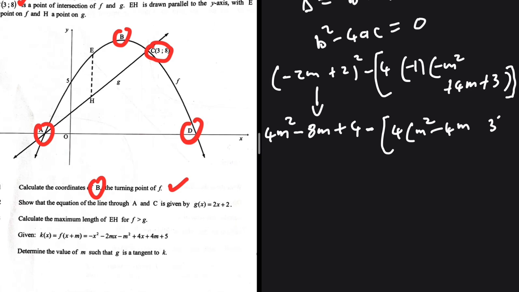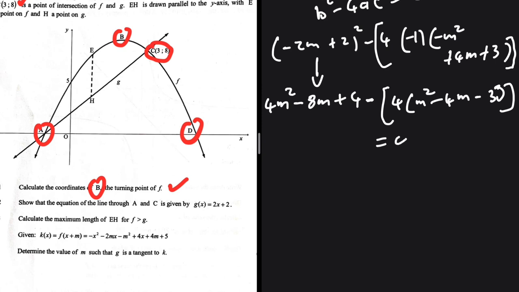Minus 3. Okay, so that is minus 3. And then this is equals to 0. So 4m squared, okay, I'm still solving what is inside the brackets there. So 4m squared minus 8m plus 4 minus what is inside the bracket.